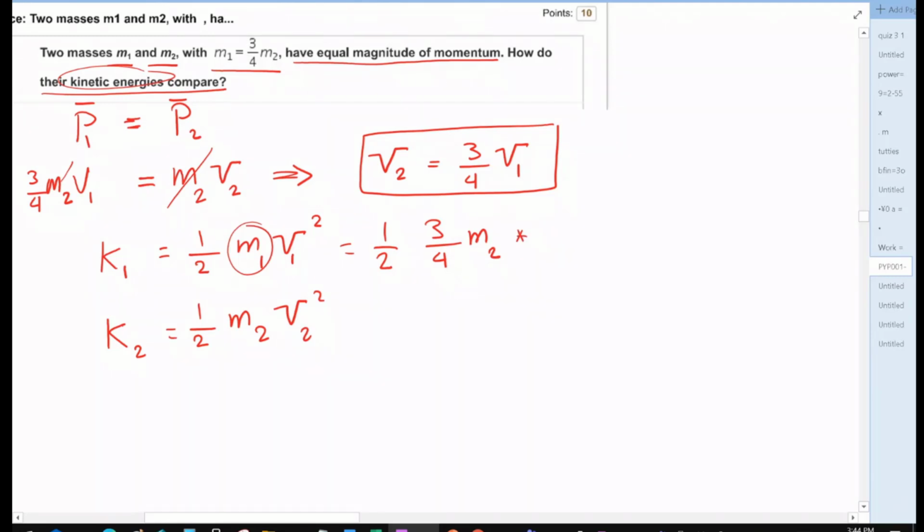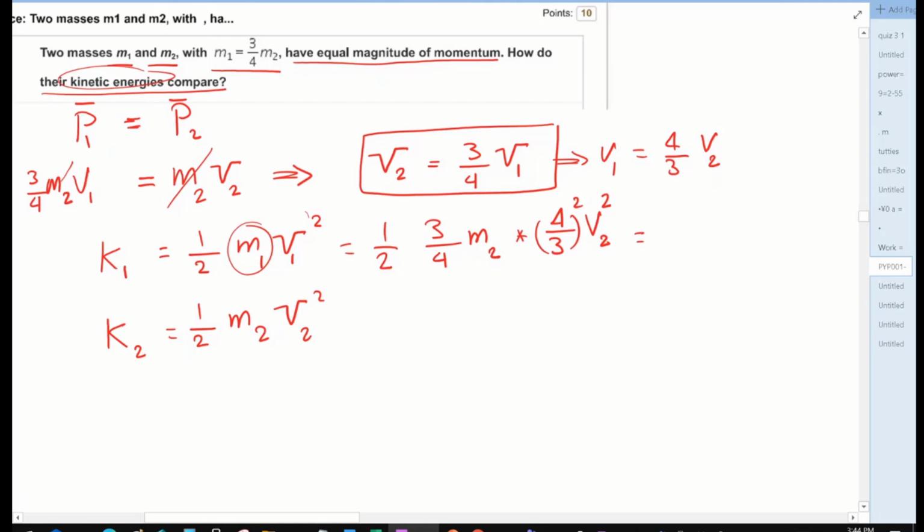And if we also remove V1 from here, we can say V1 equals 4/3 V2. So I will remove V1. I will rewrite it as 4/3 V2, and I will square it, because V here is squared.